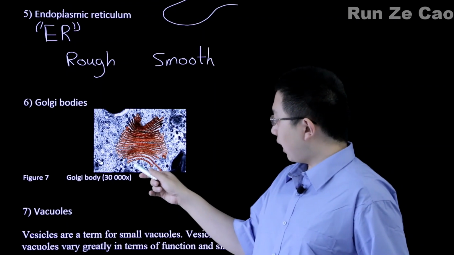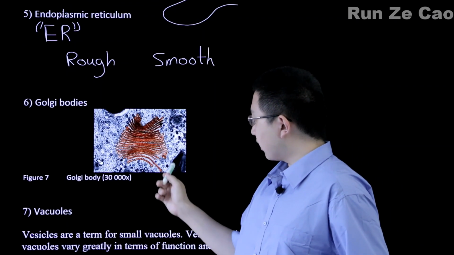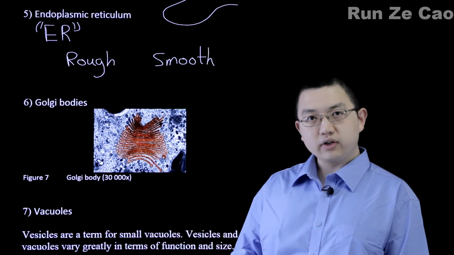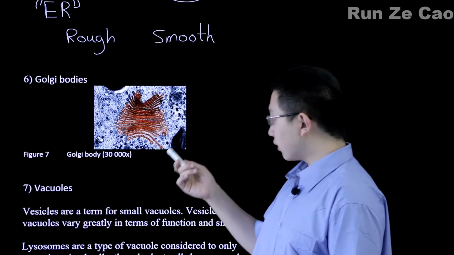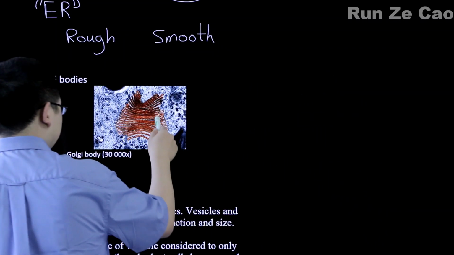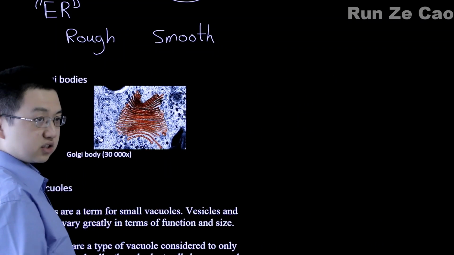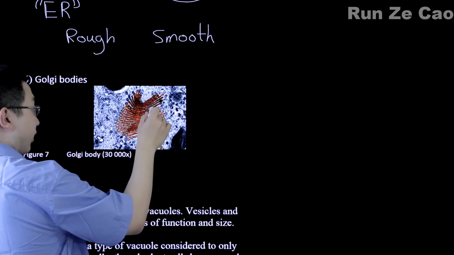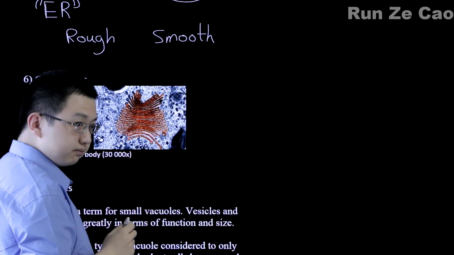The Golgi apparatus is a flattened stack of sacs. Each sac has certain enzymes, proteins, that conduct particular modifications to whatever you put in there, or rather whatever is exposed into there.